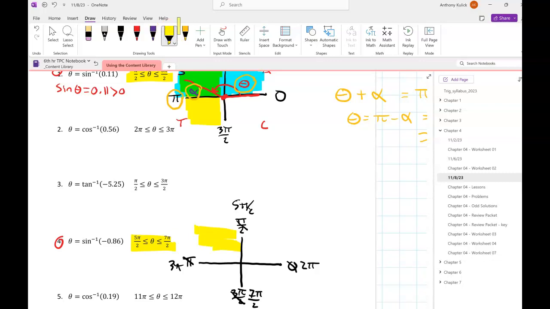So we're covering quadrants 2 and 3. I'm sorry, yes, 2 and 3. Everybody feel okay?